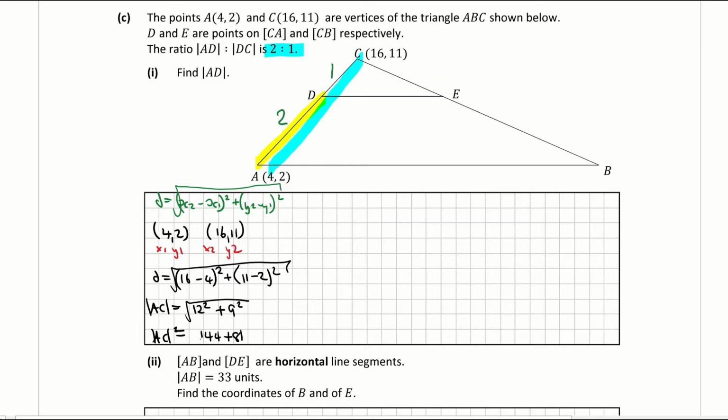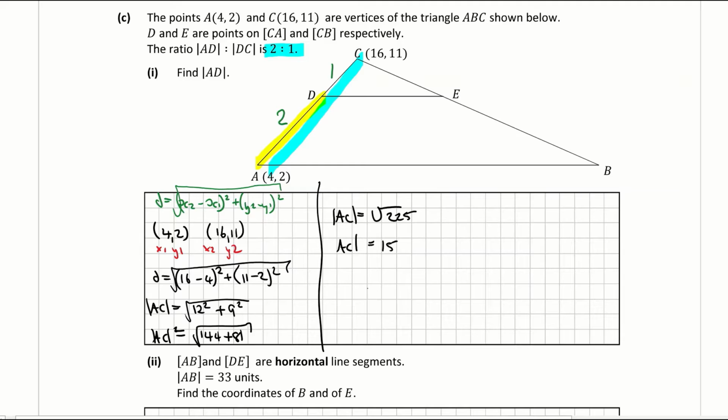Plus 81, all to be square rooted. Bringing that up then gives me a distance from A to C as the square root of 225, which is 15. So the distance from A to C is 15 units.